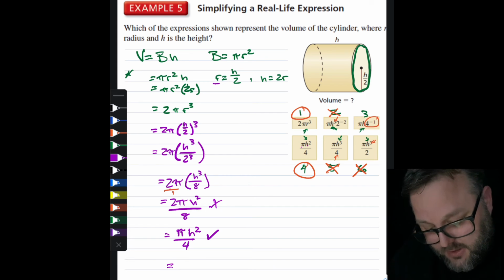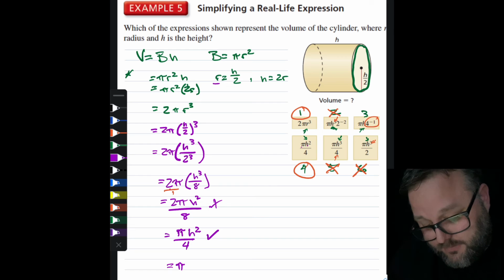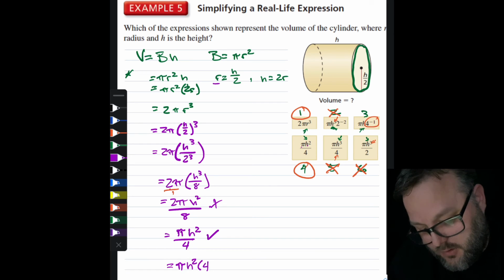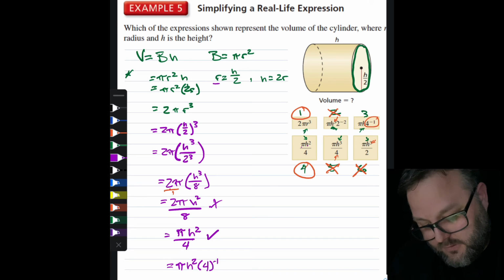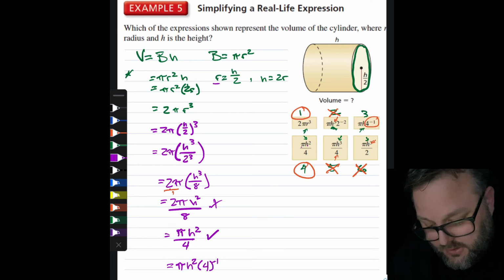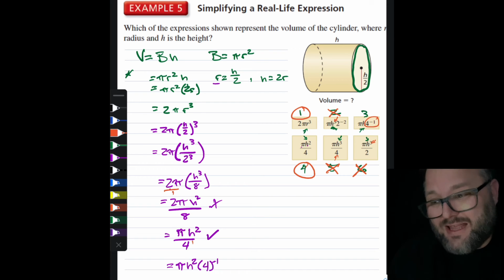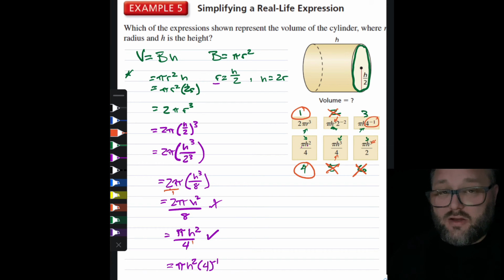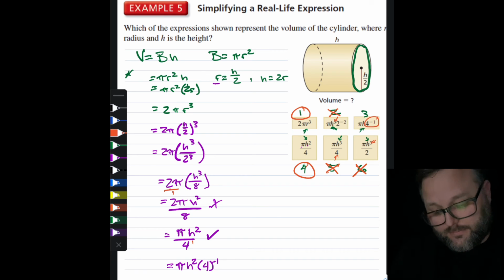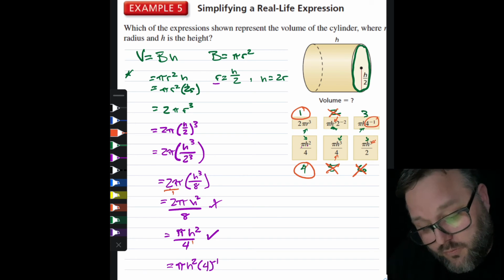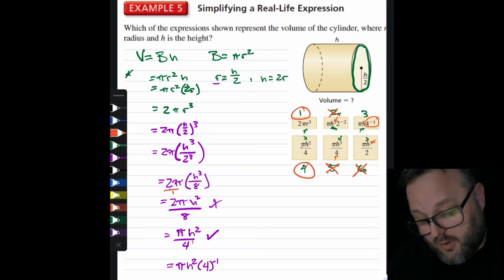So this can be rewritten as pi h squared times 4 to the negative first. Because we have to realize that this is actually 4 to the first, and anything to a negative power means move it to the opposite, or move it from denominator to numerator. So we can make 4 to the negative first.